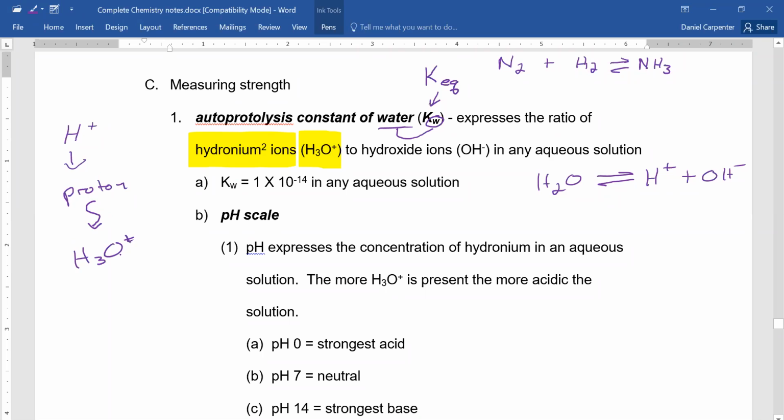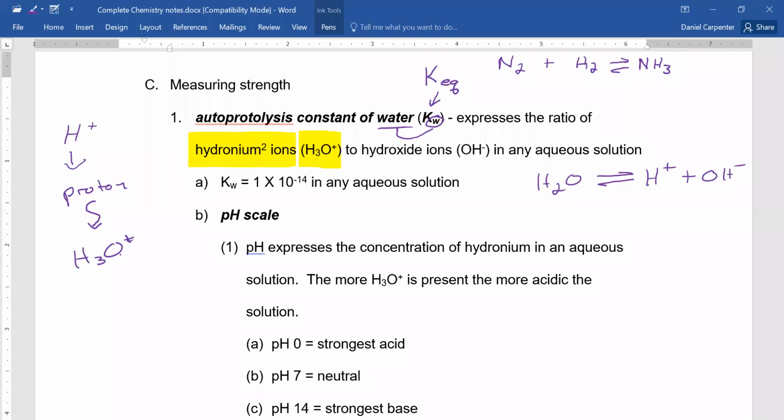These three are used somewhat interchangeably, so you should keep that in mind. If they flip from H plus to proton or from H plus to H3O plus or hydronium, they're equivalent. They're used as if they were interchangeable.